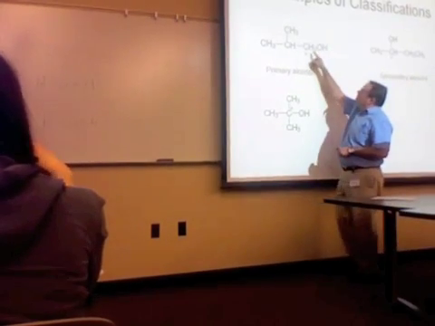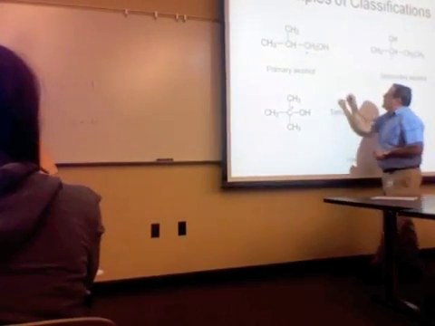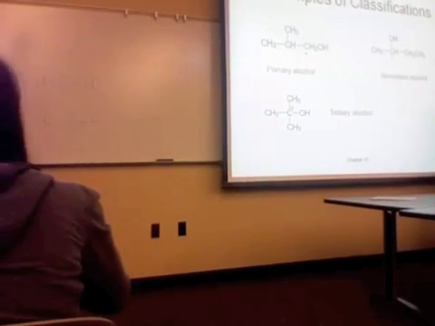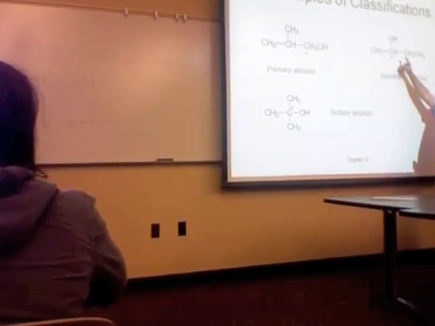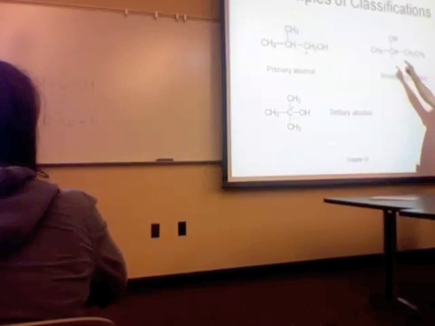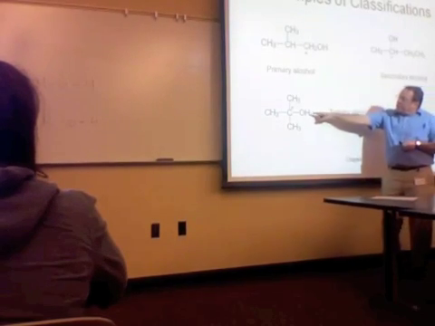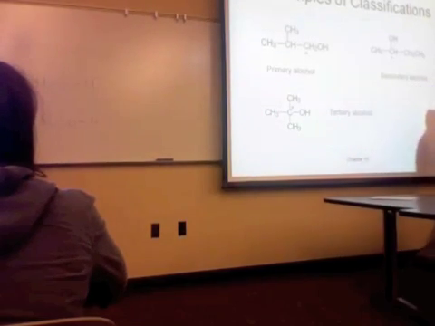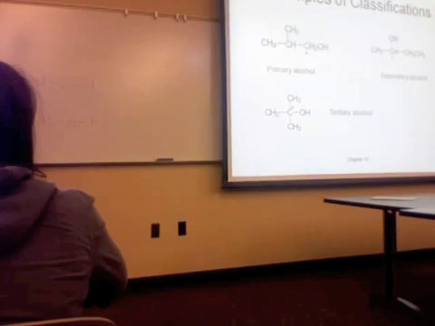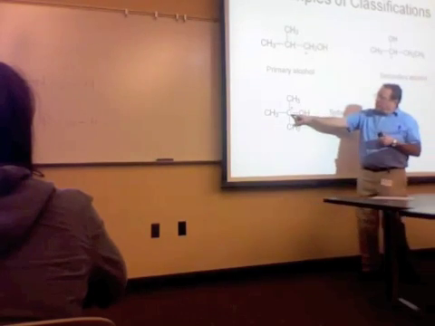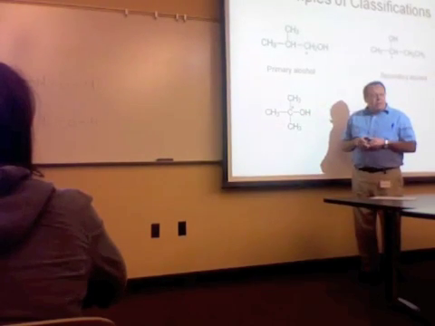Examples of what we were just talking about here. Our alcohol group is on a primary carbon, so this is a primary alcohol. Secondary alcohol, where our alcohol group is on carbon number 2 of a butane. And here, the alcohol group is on a doubly branched carbon. And that would be called tert-butyl alcohol. What would the IUPAC name for that be?